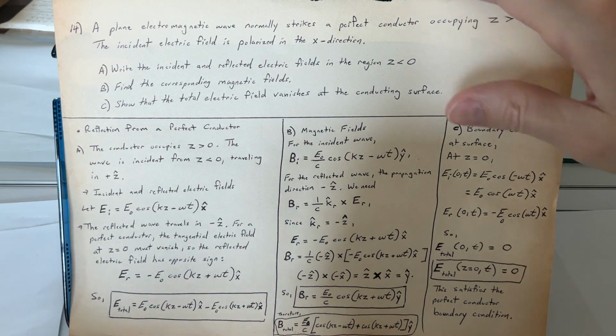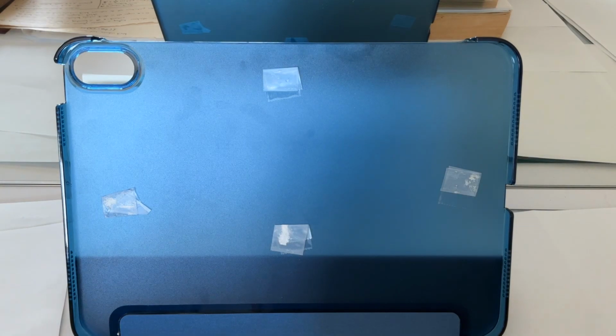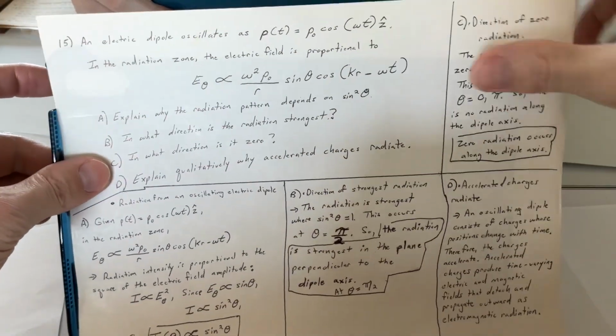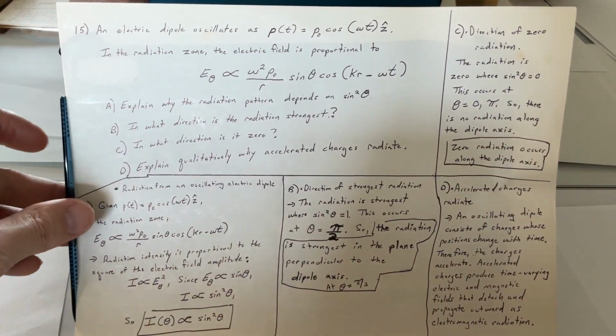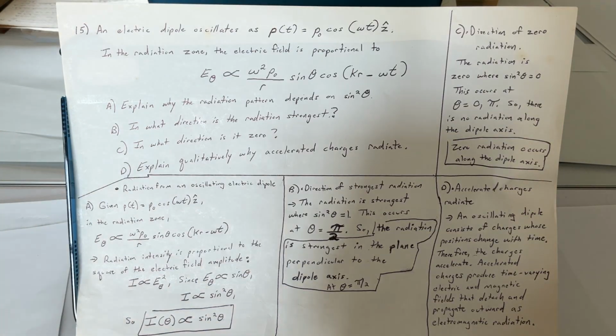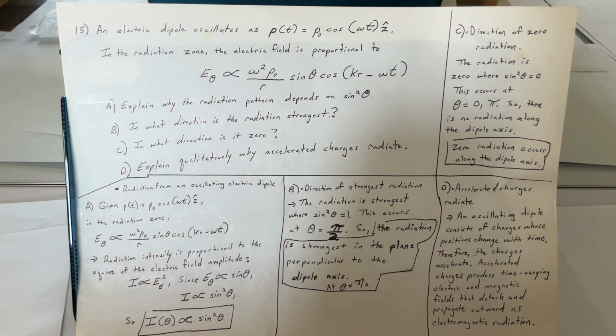So that takes care of number 14. We can now move on to number 15, and this is the last one in the practice exam for electrodynamics for today. For 15, we have an electric dipole oscillating right here.